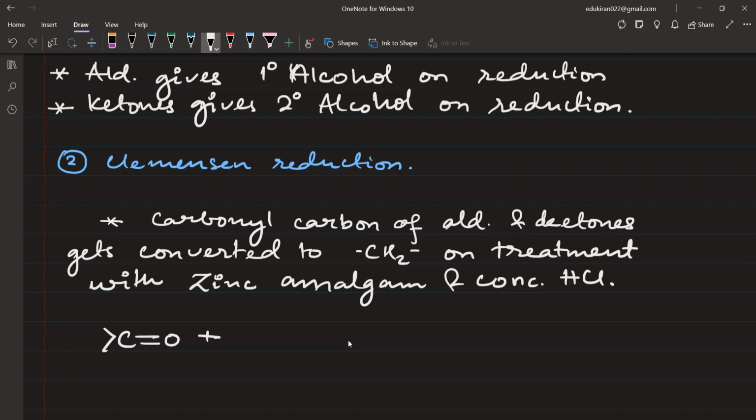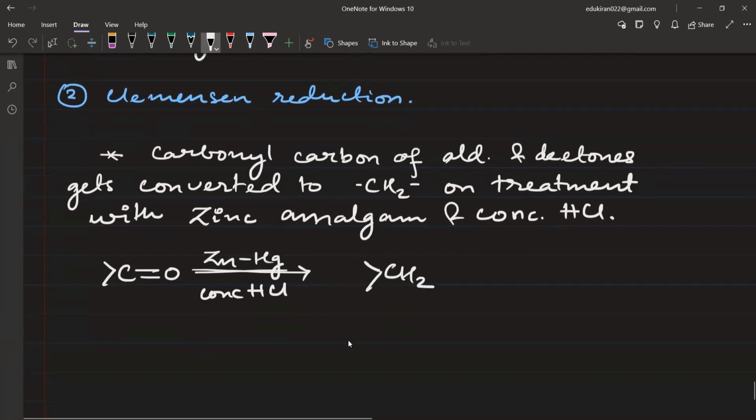C double bond O plus, generally you will get this: zinc Hg, conc HCl. So what will happen? These groups are as it is. This becomes CH2.